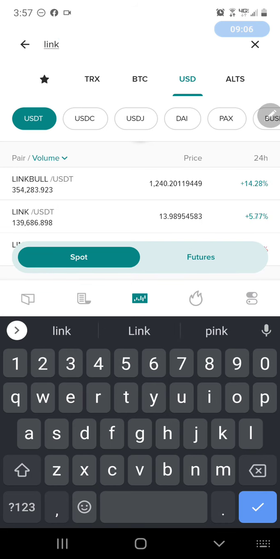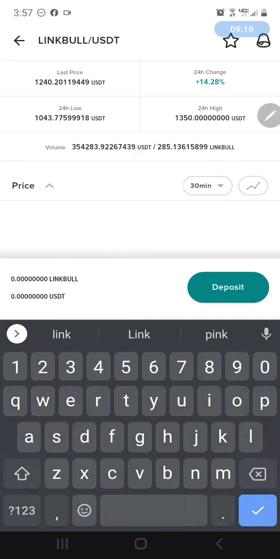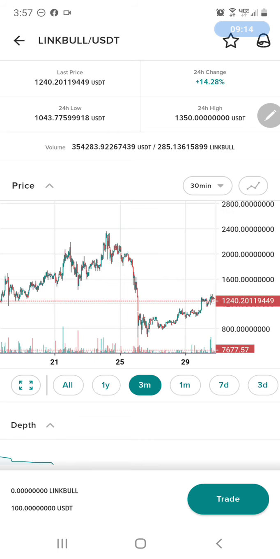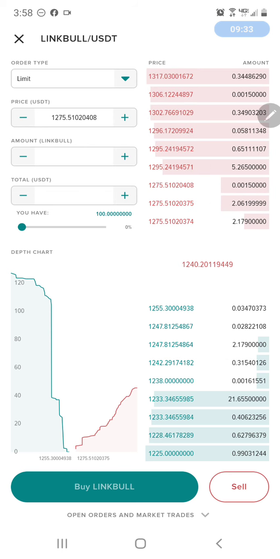So yeah, whatever Link is doing, this right here does it 3 times. So that's something that you can think about if you're really bullish on Link and you want to get even more. It's kind of like margin trading, but you actually own a token that does 3 times what the actual underlying token does. So I'm super bullish on Link anyway. So let's just go ahead and get a few.